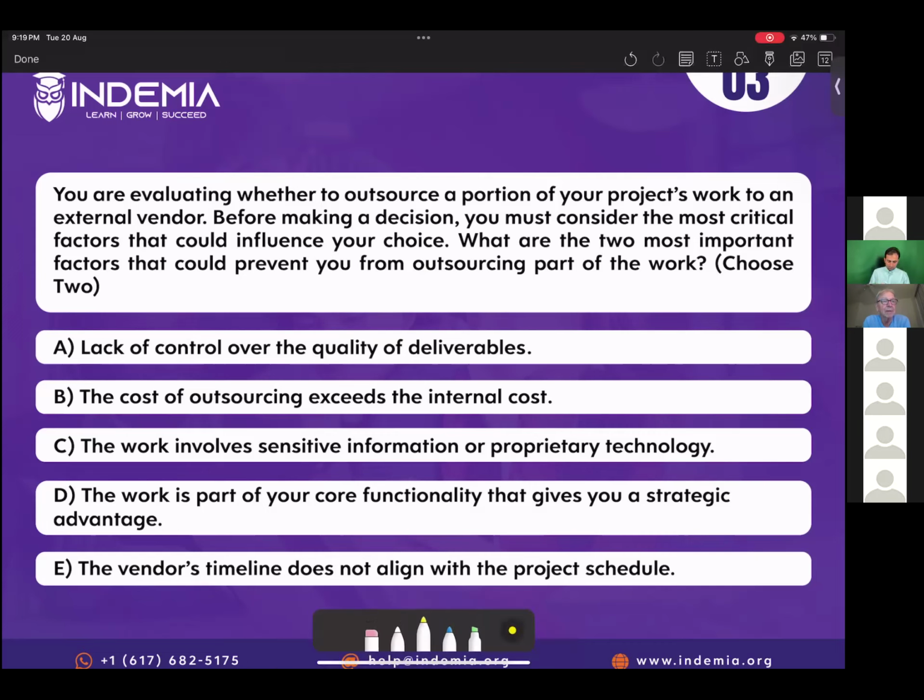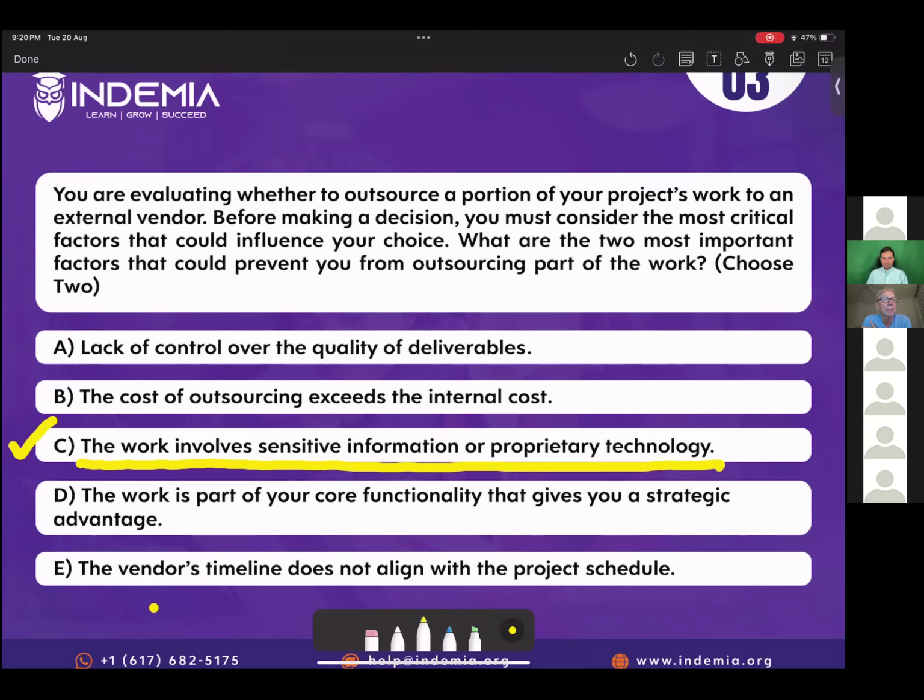If we've got a schedule to meet, the vendor's timeline needs to align with the schedule. The other options have some substance, but I felt that C and E are the most important. All right, thank you, Robin.